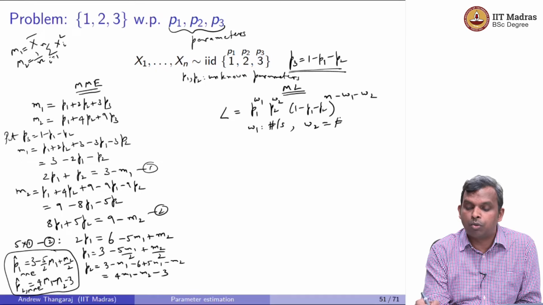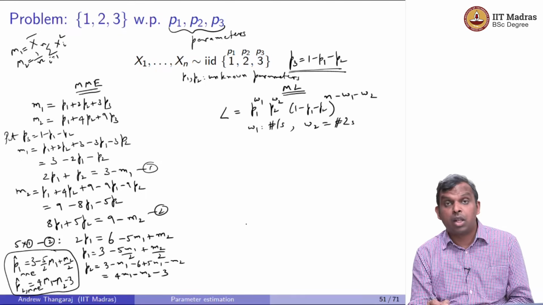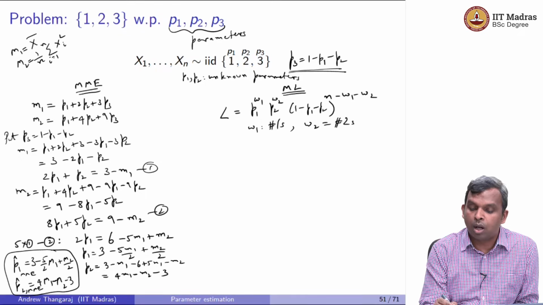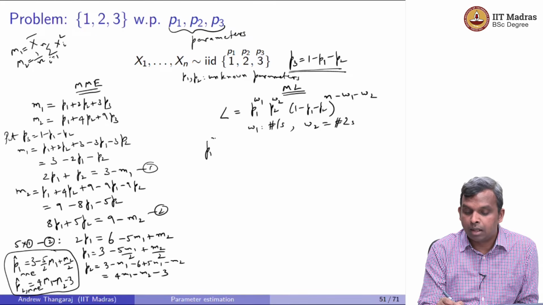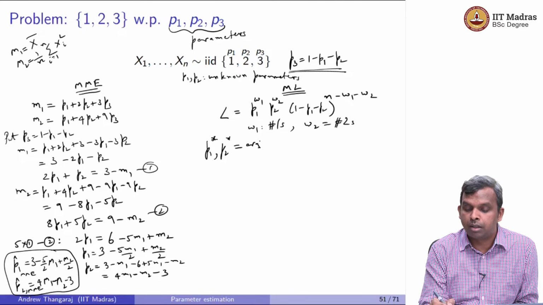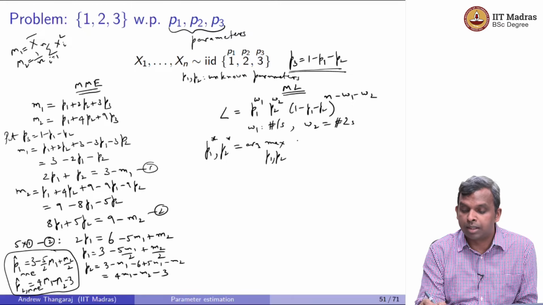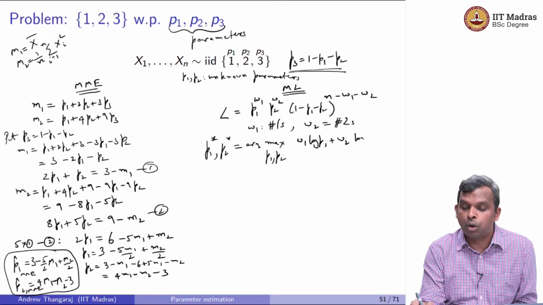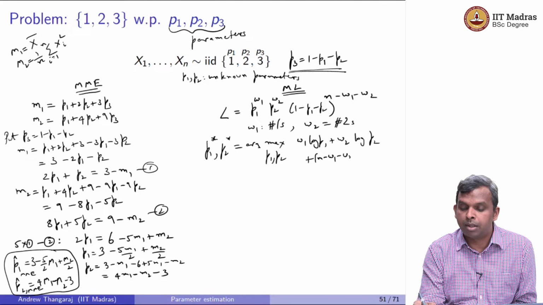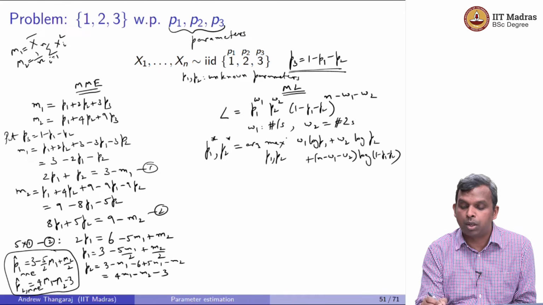W2 is the number of twos. Okay, so likelihood is really easy. So if you take log, you're going to get P1 star, P2 star to be the argmax over P1, P2 of W1 log P1 plus W2 log P2 plus n minus W1 minus W2 times log of 1 minus P1 minus P2.